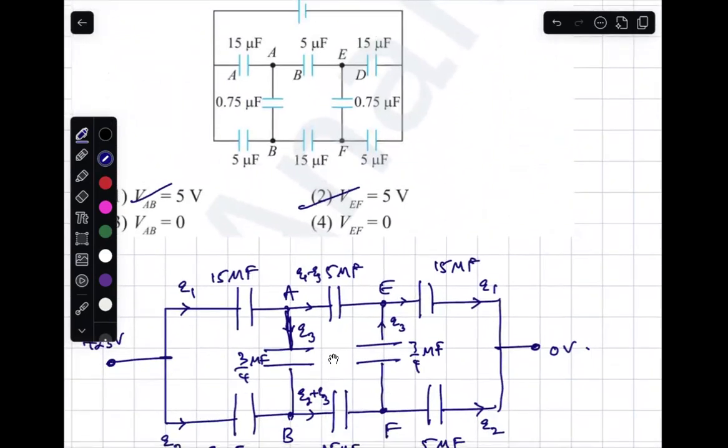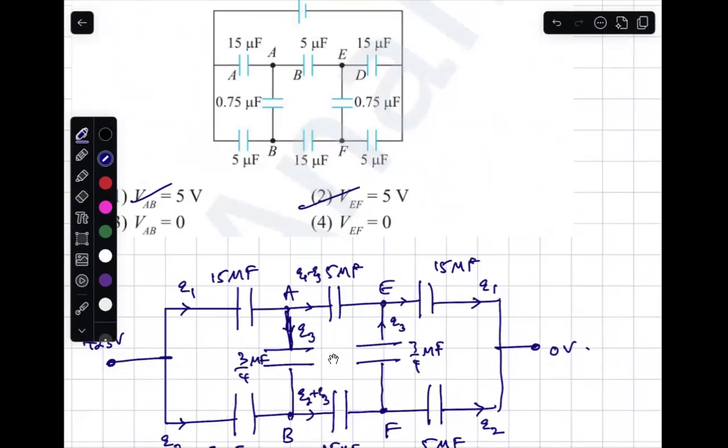Don't say that the potential of A is the same as B, nothing like that. You can't take it like that. If you still have any doubts on this, feel free to discuss with me. Shall we proceed further?